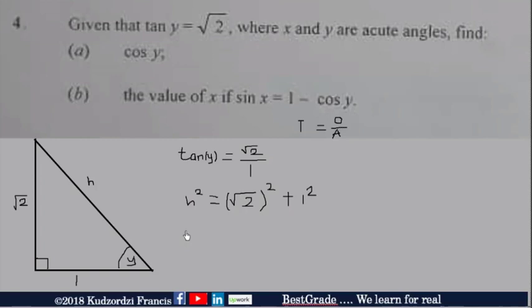So we have the hypotenuse squared is equal to root 2 squared is 2, then 1 squared is 1. Now we simplify this to get h squared is equal to 3. So we can take the positive square root of both sides to obtain h is equal to root 3.